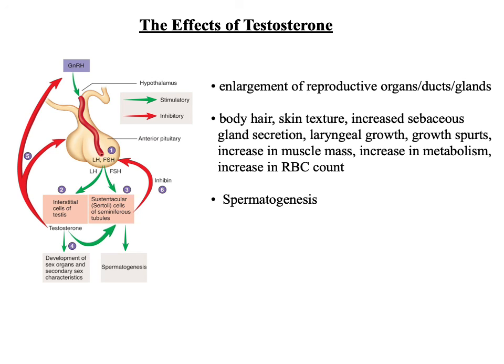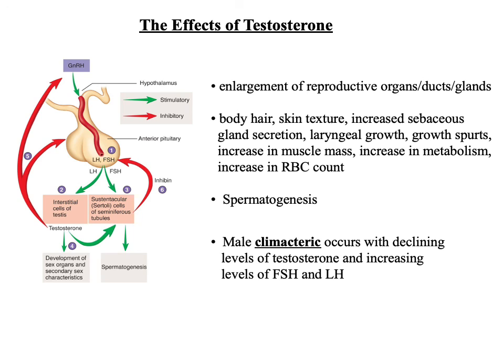So body hair, a little bit of a coarser skin texture, increased sebaceous gland secretion, so oil secretion, growth of the larynx, which accounts for the voice change, the deeper voice that we very often hear around puberty time, growth spurts, increases in muscle mass, increases in metabolism, so they're using energy faster, and also an increase in the red blood cell count.